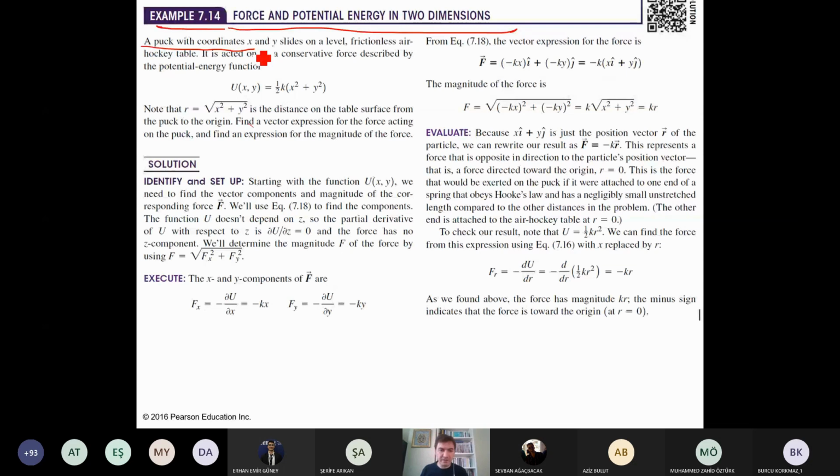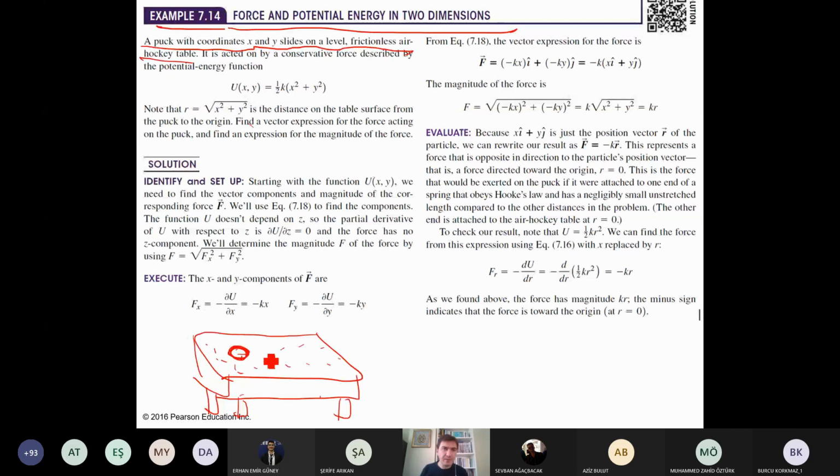Let's consider that there is a table, okay, and there is a puck here, and this is an air hockey table, so there is no friction on the surface. It is acted on by a conservative force described by the potential energy function. So here we have a potential energy function in 2 dimensions, given with x and y, which is given with 1/2 (x squared plus y squared).